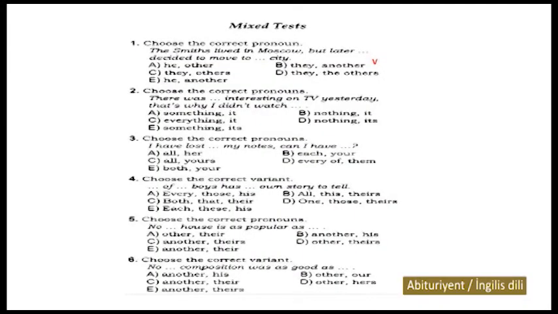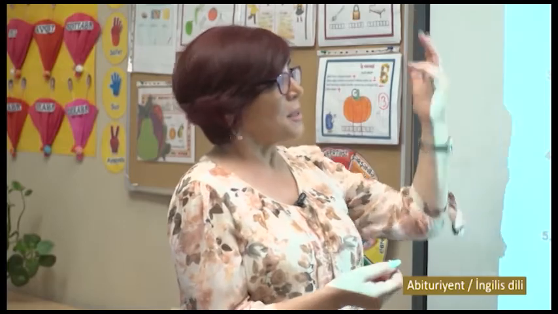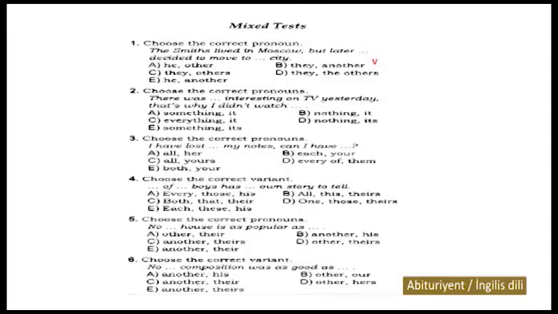Second one: there was interesting on TV yesterday. That is why I didn't watch it. That second sentence is the key for our answer. If I didn't watch, it means that I didn't find anything interesting. Now, is something okay? Of course, no. Something isn't the right answer. What about everything?